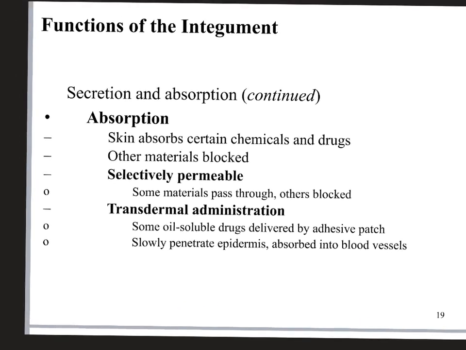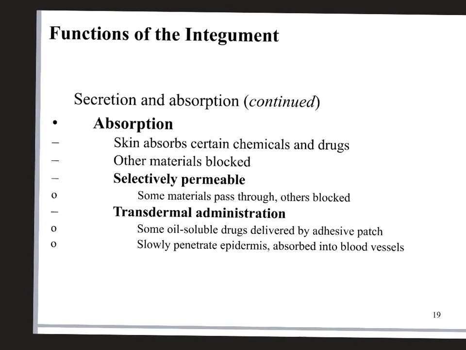The skin absorbs certain chemicals and drugs, right? And so you can deliver material through the skin. You can deliver hormones, pharmaceuticals. You can actually have a long-term delivery of drugs to the body, and this is called transdermal administration.